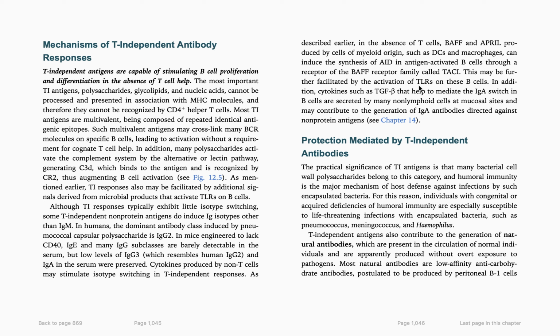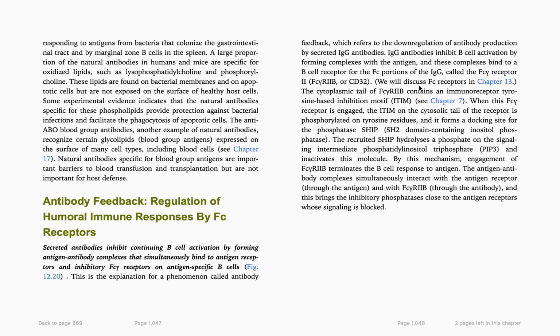Most natural antibodies are low affinity antibodies, anti-carbohydrate antibodies postulated to be produced by peritoneal B1 cells responding to antigen from bacteria that colonize the gastrointestinal tract and by marginal zone B cells in the spleen.